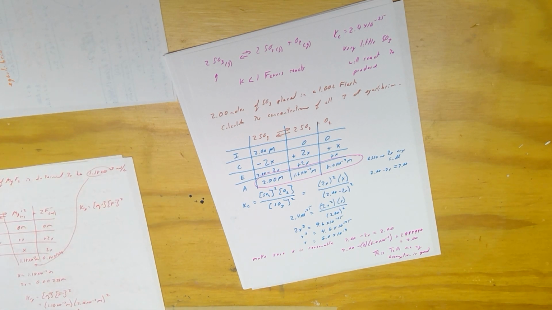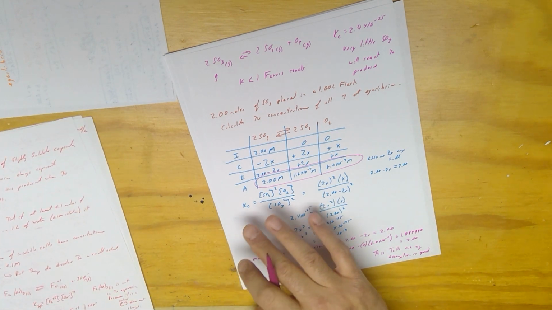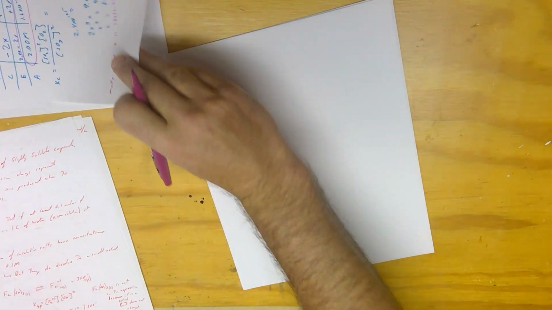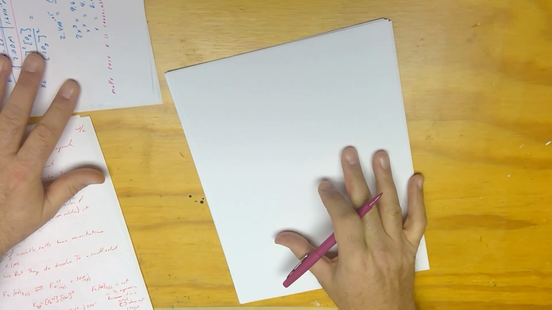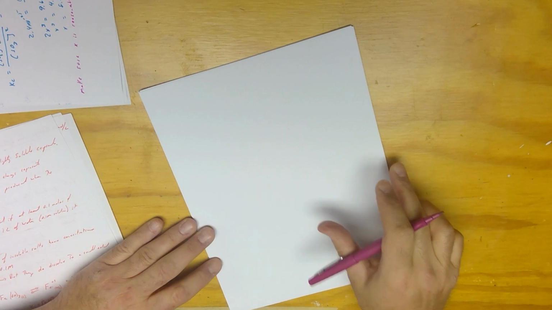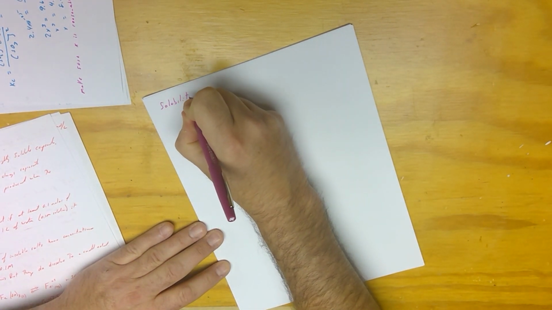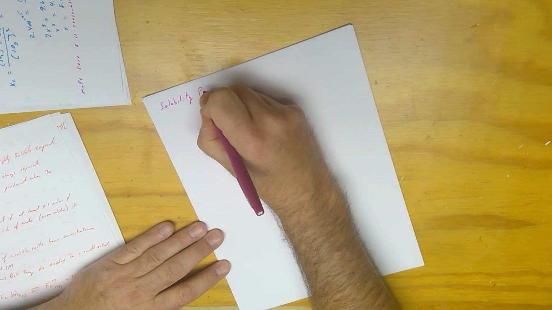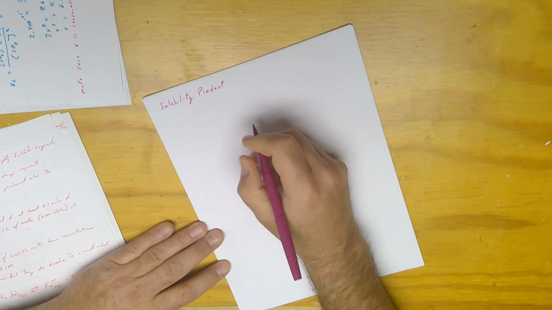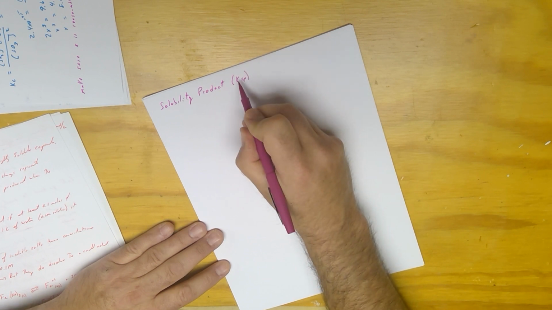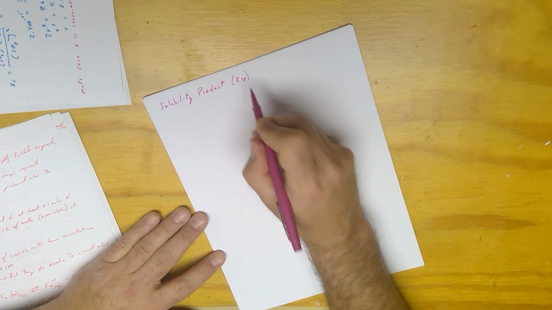We're going to talk about solubility, and I think that's where we're going to stop today. So let's talk about solubility product. This is called Ksp, the equilibrium constant of the solubility product.